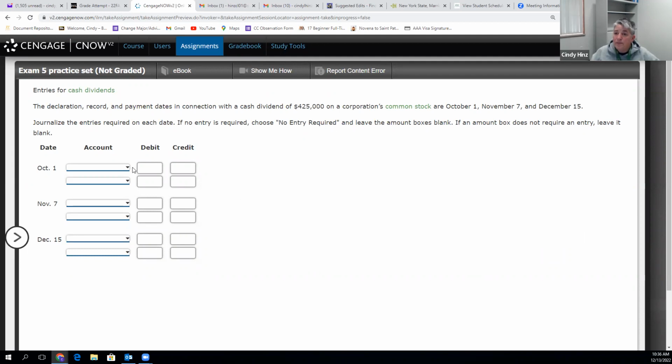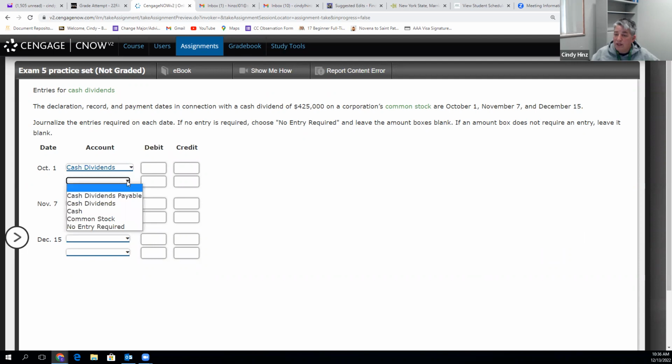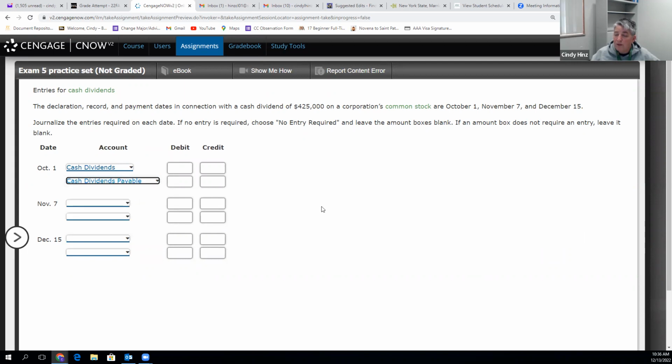And so on the date that we declare the dividend, it becomes a legal liability of the company. We need to report the cost of those dividends, which eventually will be removed from our retained earnings when we close that account. And we need to report on our balance sheet that we owe those cash dividends.